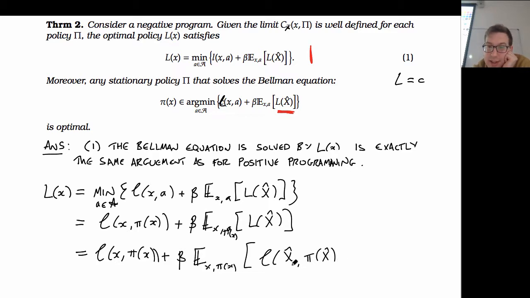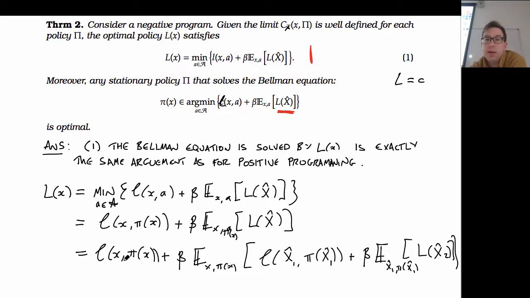So that's the first state visited by my policy. I'll put a 1 on it. Plus beta, E of the loss, capital L of x hat 2. Okay. And now, again, I've got the loss from my policy pi over 2 steps, then beta squared times the expected value of the optimal policy from there on out.